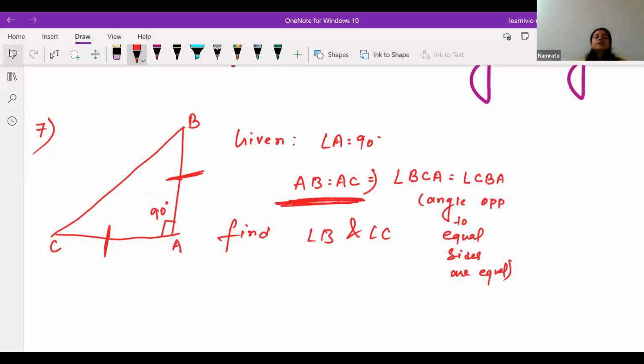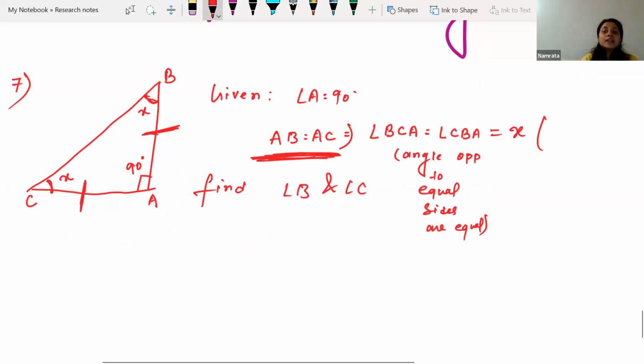Okay. Now, once we got that this angle and this angle are same, let's say it's x only. I'm going to write over here, x is equal to x. Let's consider.